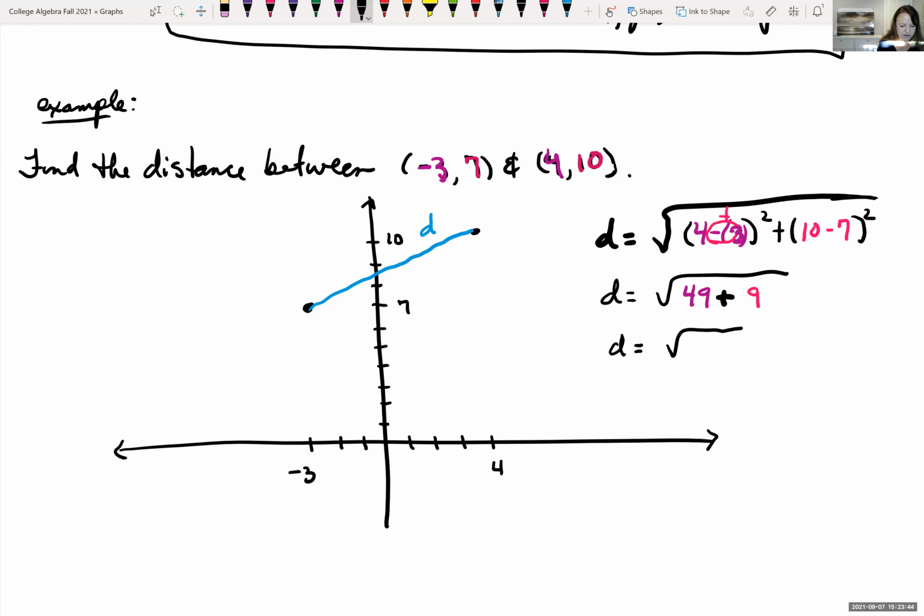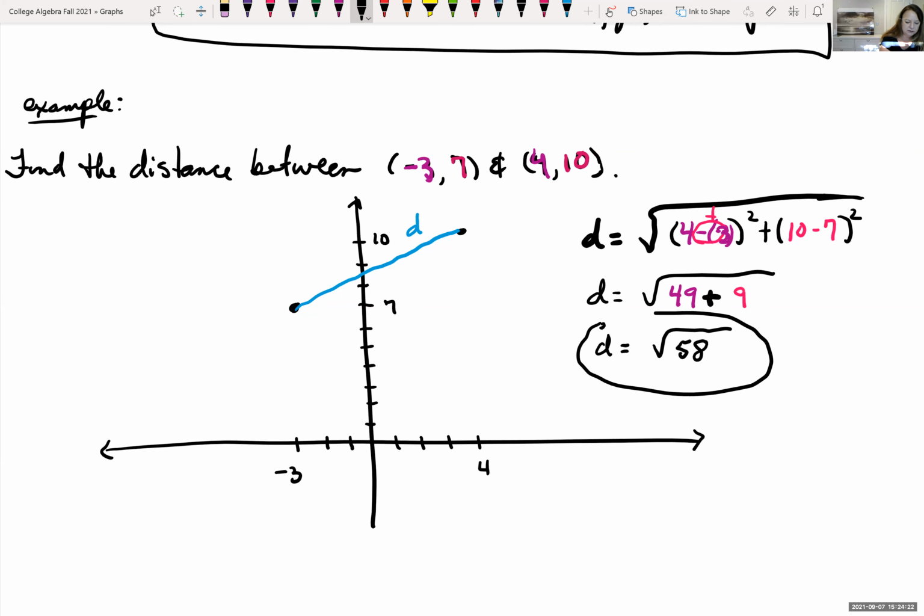So this is the square root of 58. If there's any factor of the number underneath our radical that is a perfect square, then you want to pull it out. So 58, I know it's divisible by 2, but that's 2 times 29, and 29 is prime. So there's no factor of 58 that is a perfect square. So this is our distance.